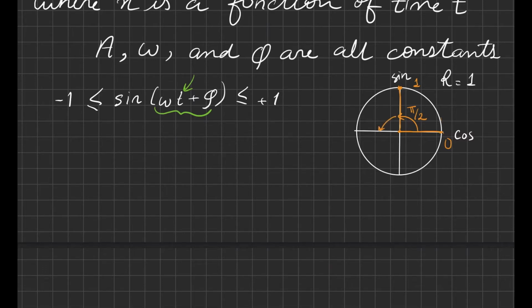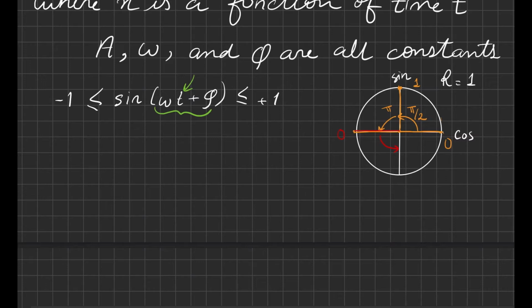Now let's go a bit here. Now we have the angle pi, and now the line is here. So the sine of angle pi is 0.